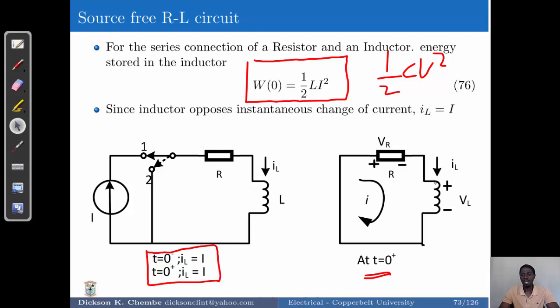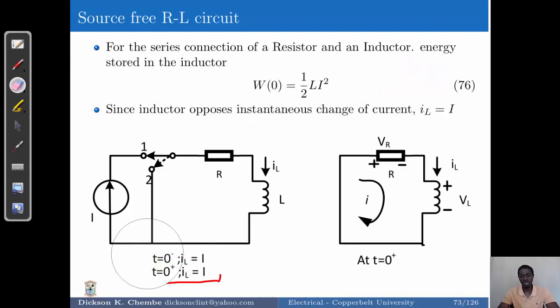What will happen now is that this inductor will act as a current source, and it's going to drain the current through the resistor. The resistor in this case is going to consume the energy the inductor has stored.